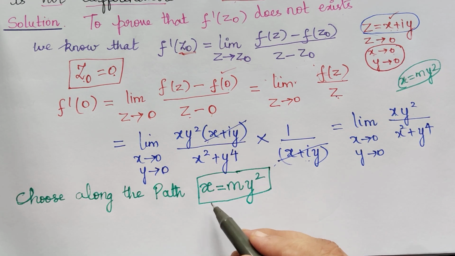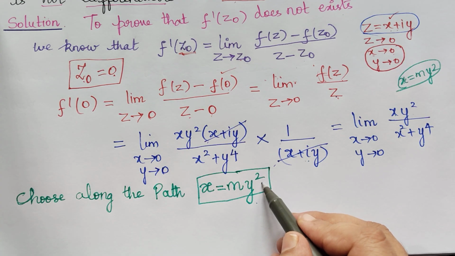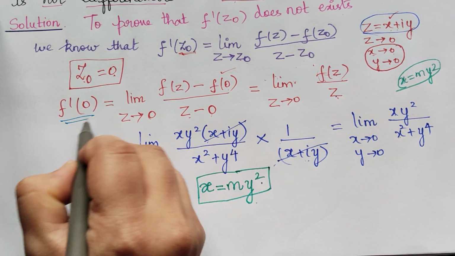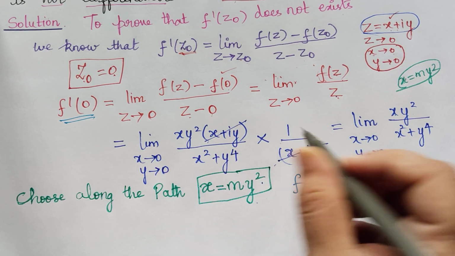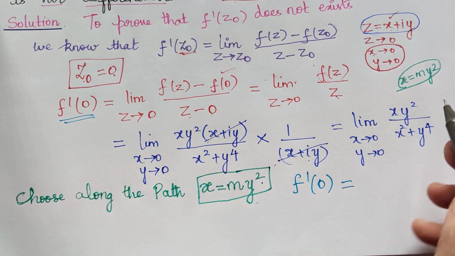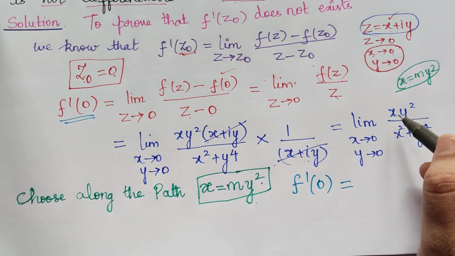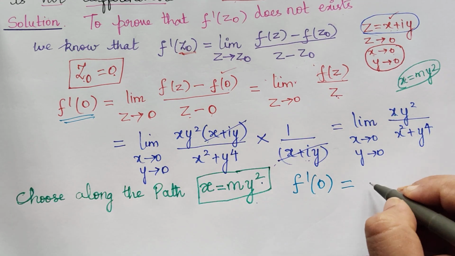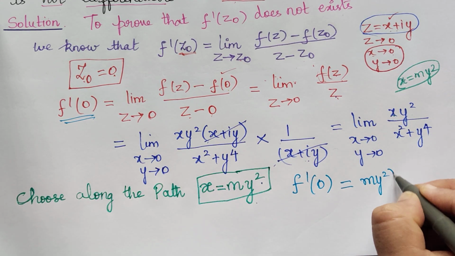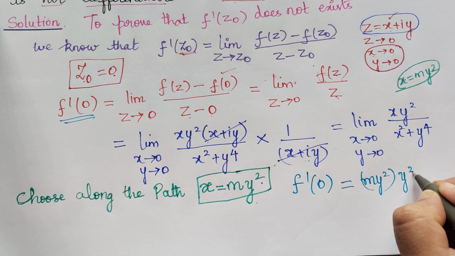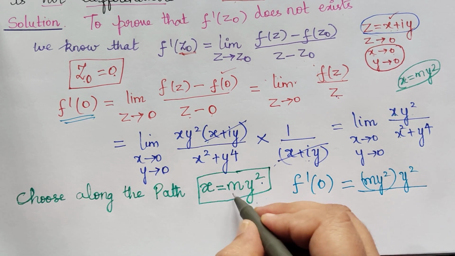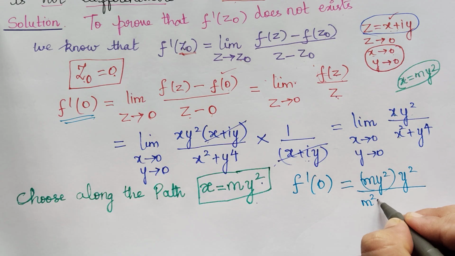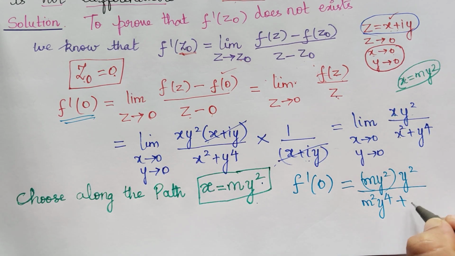So if you choose along the path x equal to my square, what happens to f dash of 0? On applying here, x we have to choose as my square. So it will be my square multiplied with y square divided by, here you have x square. When you square this term you get m square y power 4 plus y power 4 already we have here.